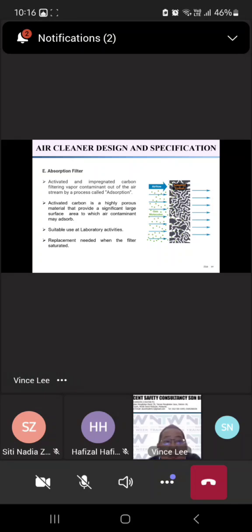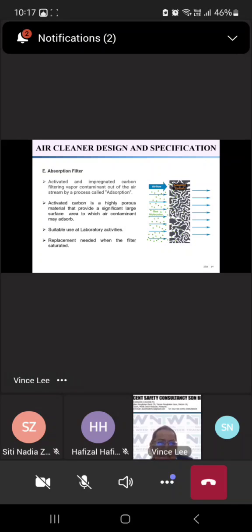Here we have what we call absorption filters. Basically, these filters are made of activated carbon filters. We use a process called adsorption.